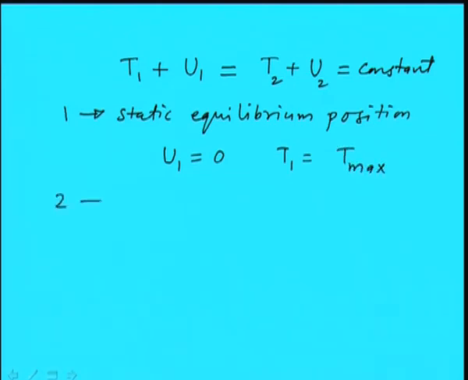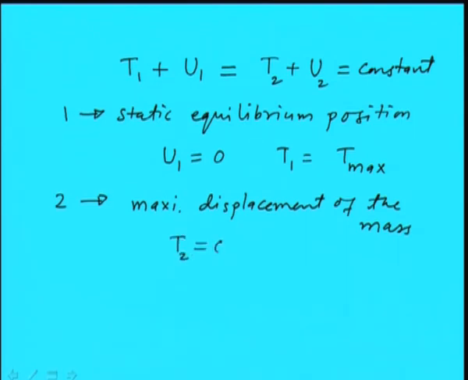If 2 corresponds to the maximum displacement of the mass, or the extreme position, there we will find that the kinetic energy will be 0. We will see this with the help of an example also, how they become 0, and the potential energy will be at its maximum.